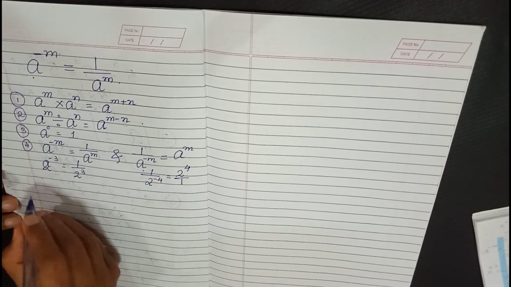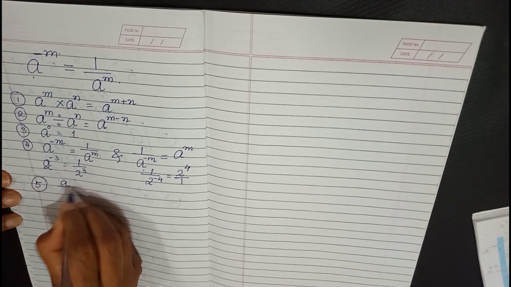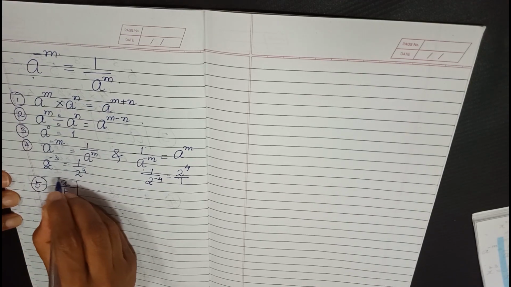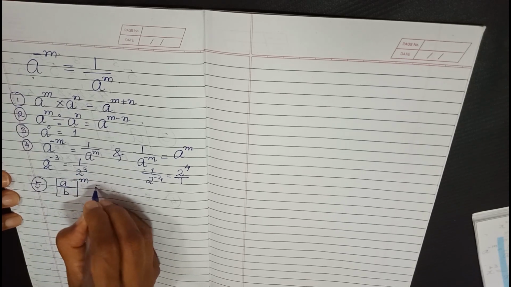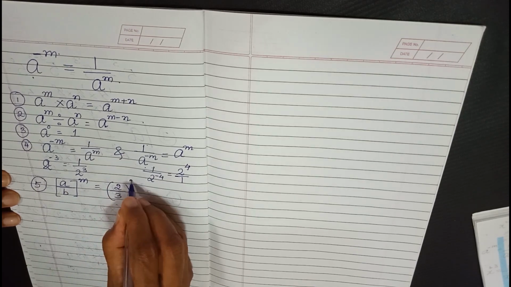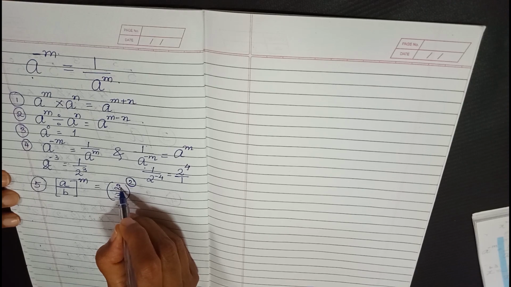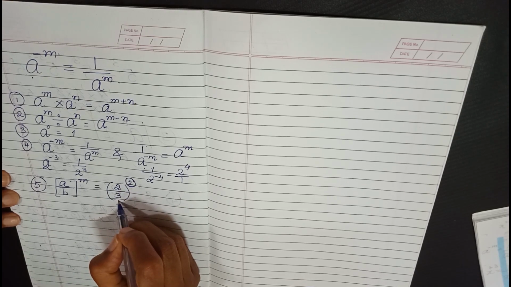Let's go to the next rule, the 5th one, which is, let us say, if the bases are different and they have a common index, then what is it. Like for example, 2 upon 3 whole raised to 2. This means that this index is not only for the numerator, but it is also for the denominator.